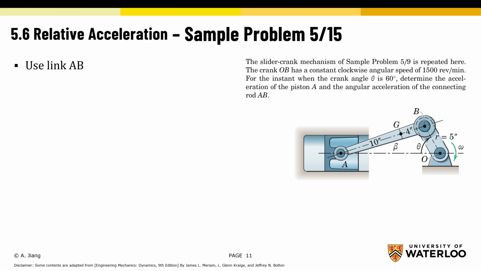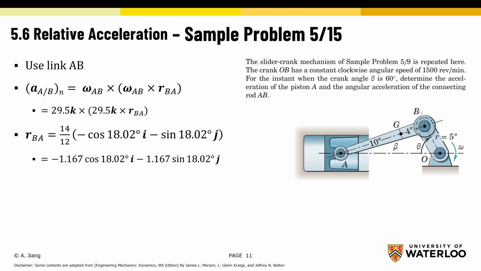Let's now use link AB back to find out A. Use the equations we derived for the A/B n component, equals omega AB cross omega AB cross RBA, and subbing everything, including RBA, which can be found using the geometry of the triangle ABO.